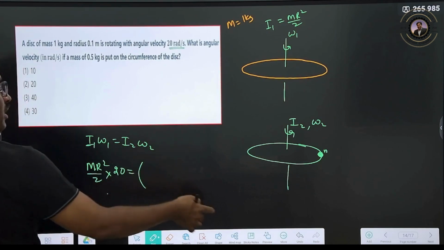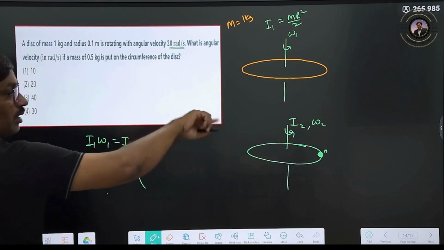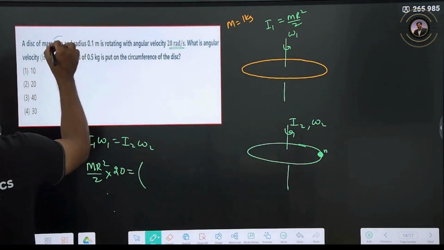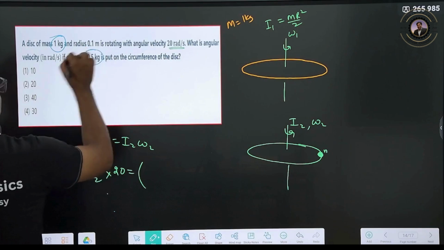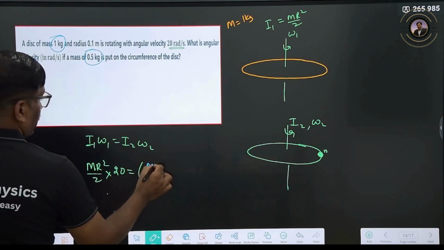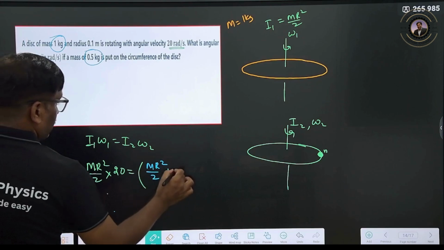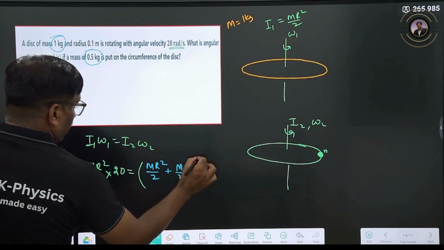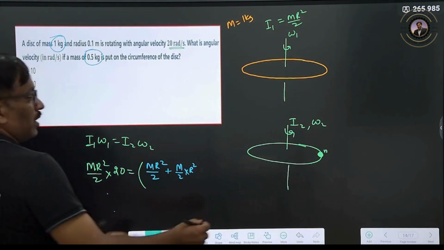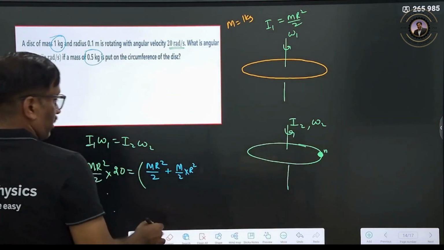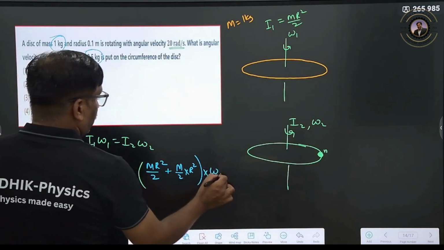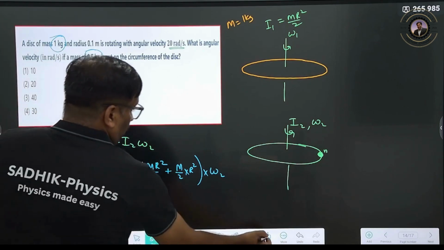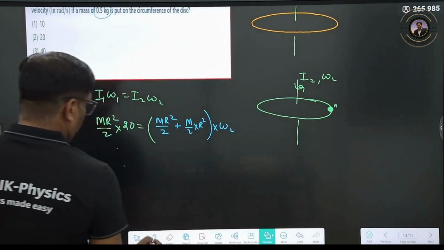Now I 2: the disc is rotating, and that mass is also rotating with it. The mass of the disc is m, and the added mass is m by 2. Therefore, mr square by 2 plus m by 2 into r square, which is mr square for the particle.